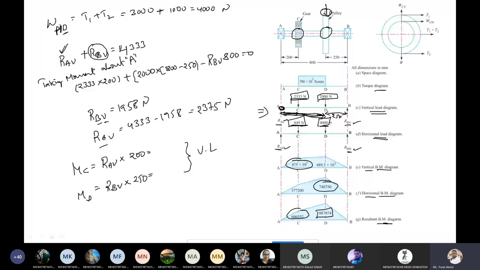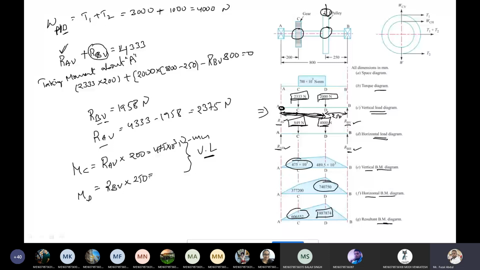So RAV into 200, how much? 2375 into 200. Make it fast. 475 into 10 to the power of 3 Newton mm. In the same manner, RBV into 250, how much?